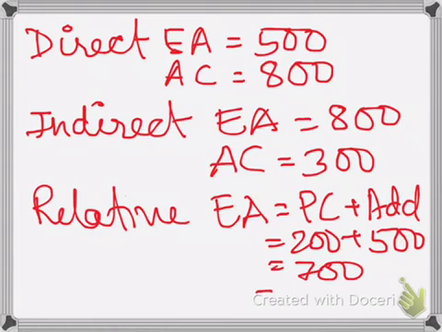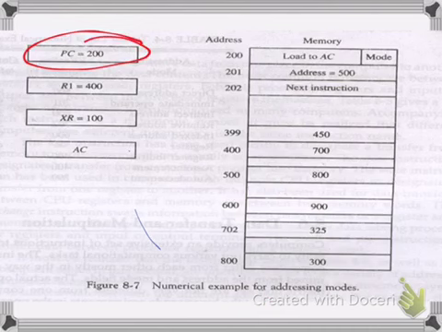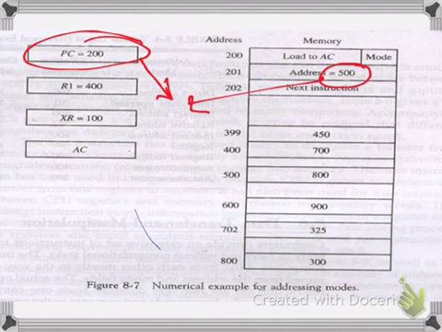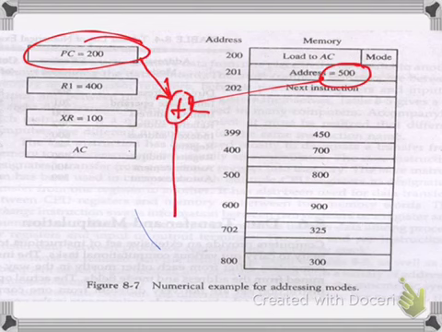And the accumulator will contain what is at address 700. I'll just explain why this is coming to 702.